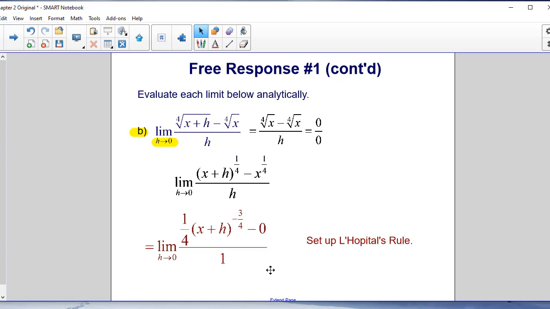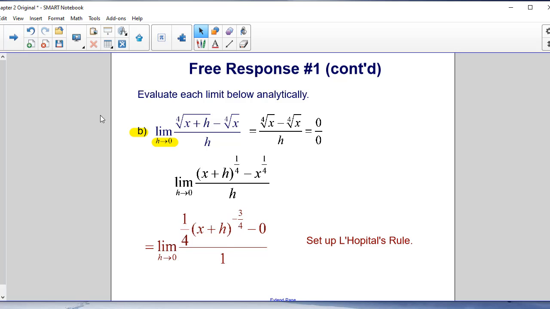So the derivative of the top using the chain rule will be 1/4 times x plus h raised to the negative 3/4 power. The derivative of x to the 1/4 power, we treat it as a constant since we're differentiating with respect to h. That'll become 0. The derivative of h is 1.